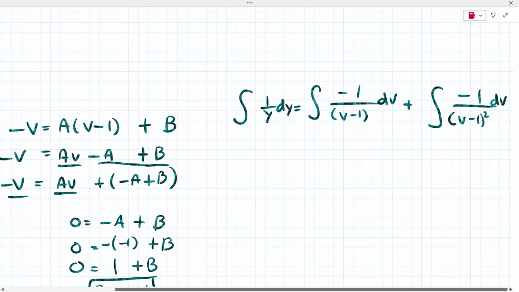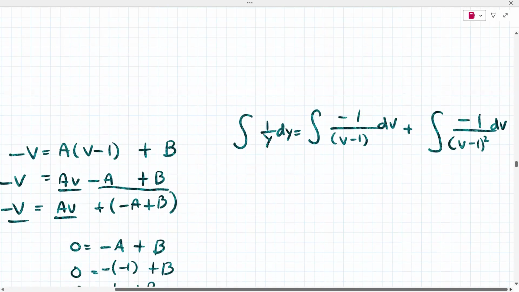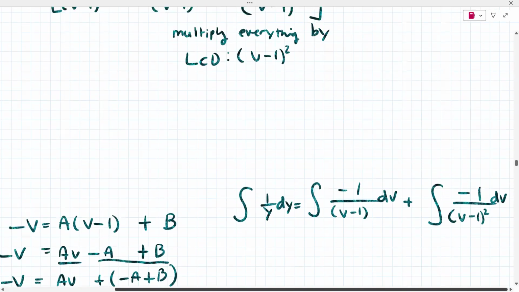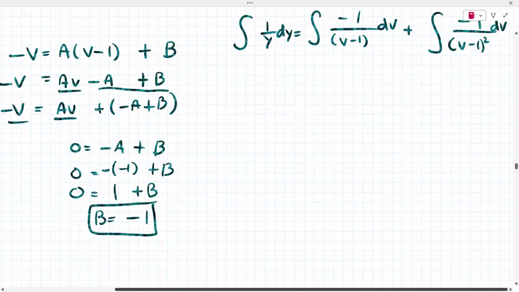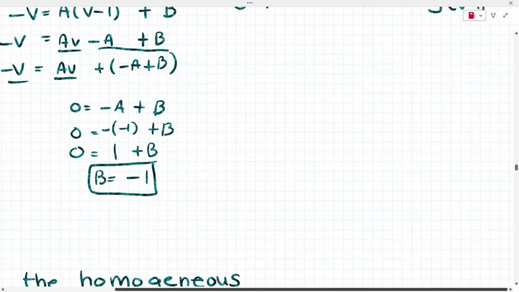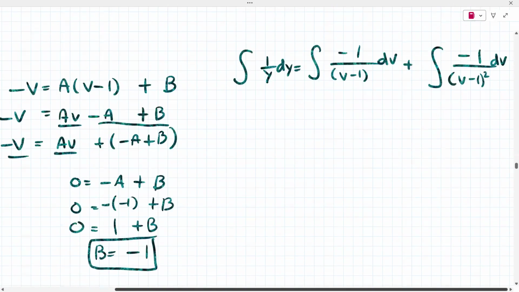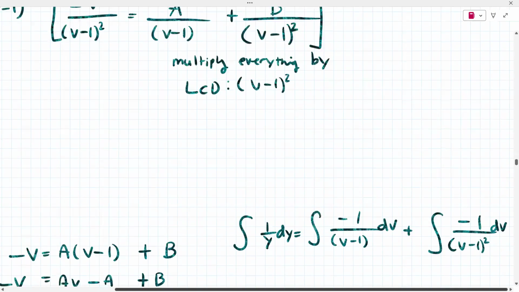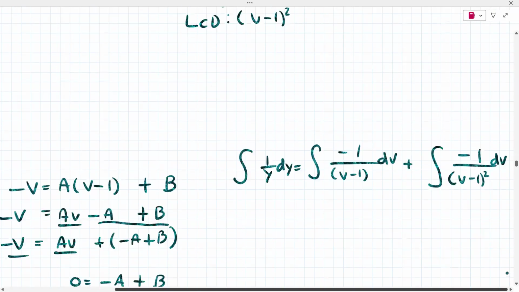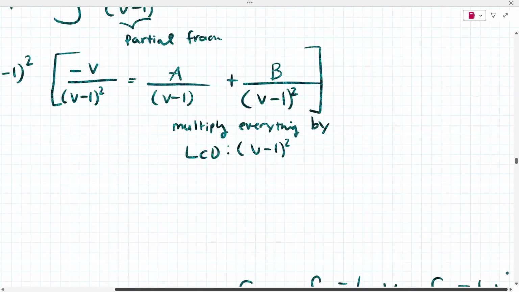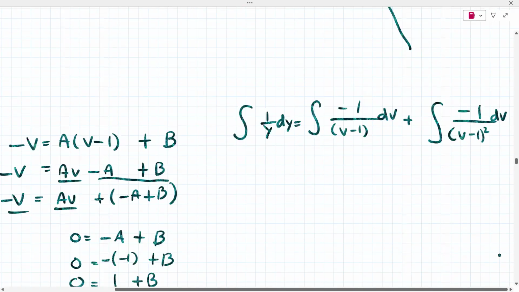Right? Because what did we say our B was? My A was negative 1 and my B was also negative 1. So yeah, that's how we got from this to this.